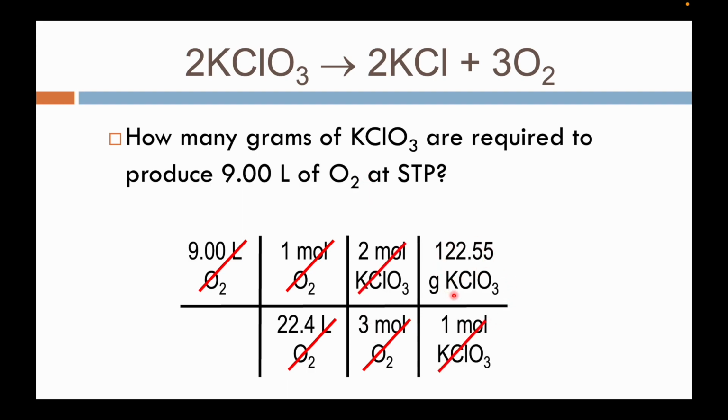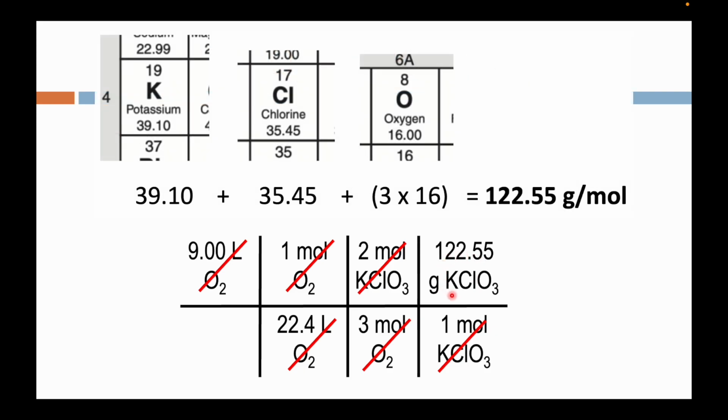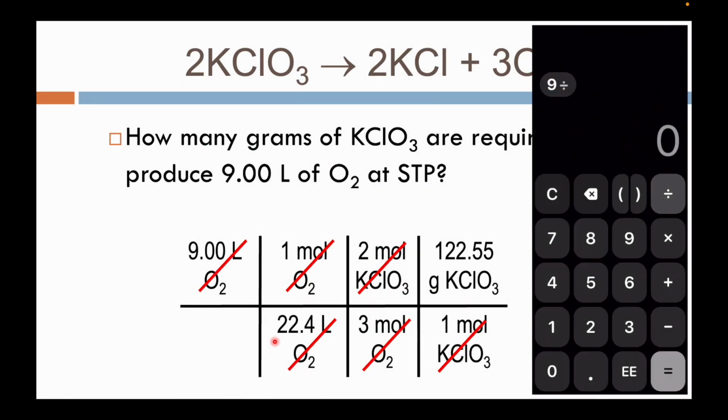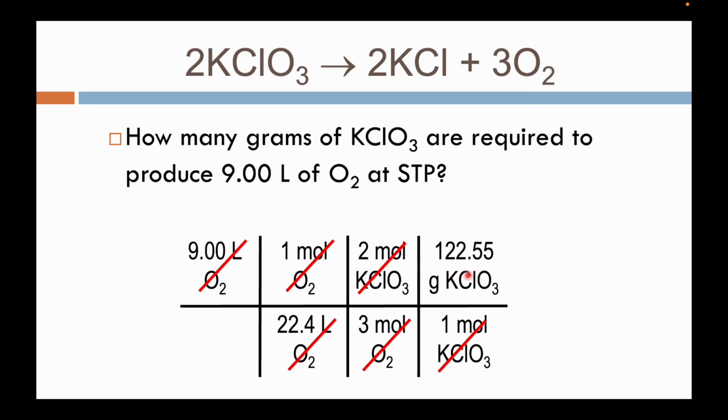I got this number from the periodic table, adding 1 potassium, 1 chlorine, and 3 oxygens. Plug it into my calculator. 9 divided by 22.4 times 2 divided by 3 times 122.55. Multiplying everything on the top, dividing everything on the bottom. I get an answer of 32.8 grams of potassium chlorate.